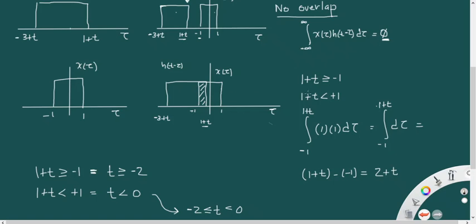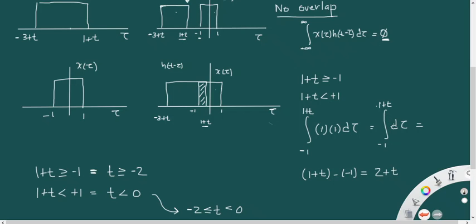And now because we have some overlap between the h of t minus tau and the x of tau, then we can end up with this integral, which is the area, because the height of this function is equal to 1. So this is 1 and this is 1. And if we integrate this from -1 to 1 plus t, we will end up with the integral of d tau. And this is an easy one.